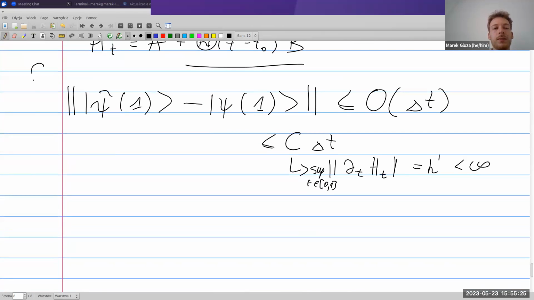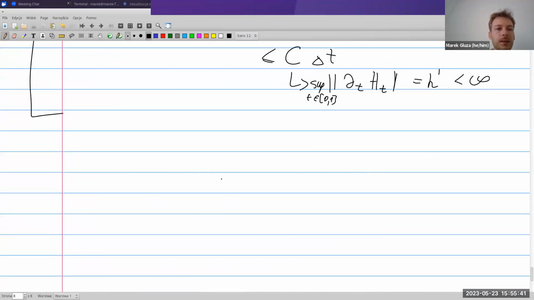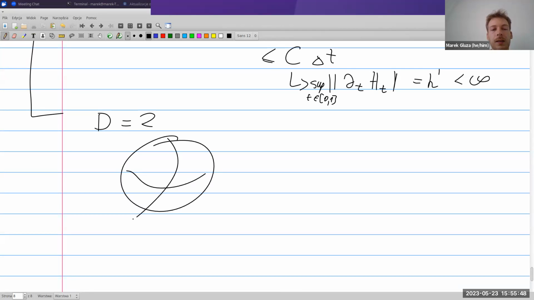Yeah. So this is our problem: for any time-dependent Hamiltonian evolution, can we bound it and understand what's going on? Okay. So one geometrical way to interpret this is that, for example, for d equals 2, we have a qubit and we have the Bloch sphere here, right?